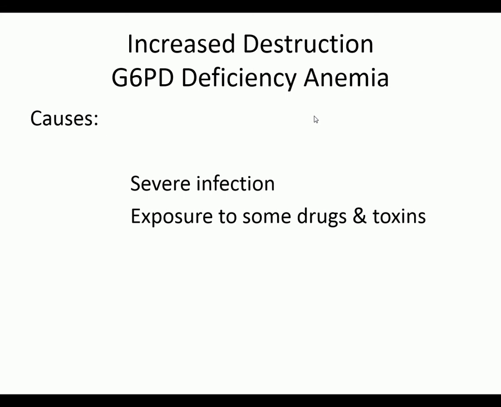The G6PD stimulates glucose metabolism into ATP. These patients have a decrease in the amount of the G6PD on the cells, which causes it to break more easily during exposure to some drugs and other toxins.